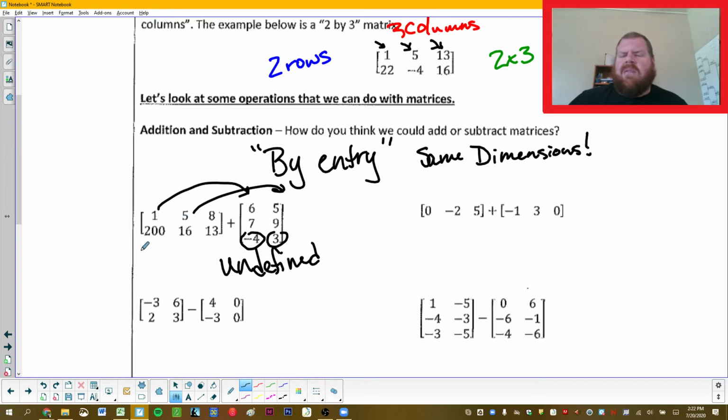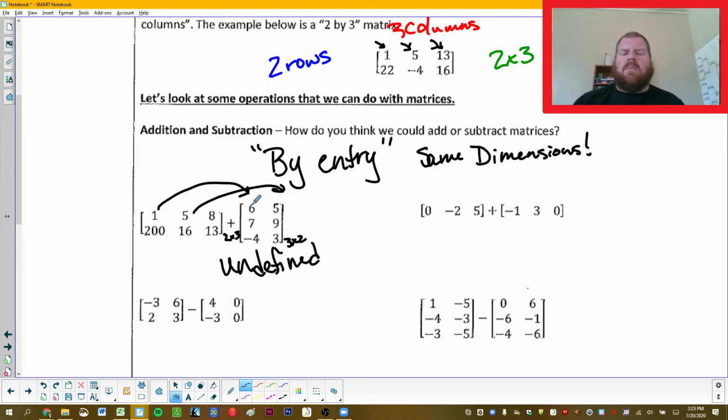Since here I have a 2 by 3, and sometimes you'll see the dimensions listed on matrices as a subscript, this would be 2 by 3. This one is 3 by 2. Since those don't match, these cannot be added together.